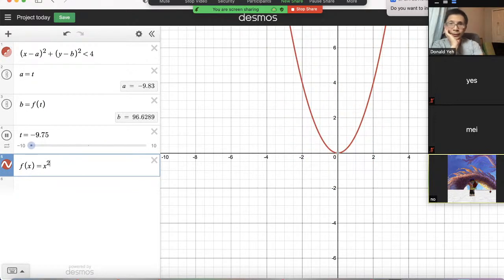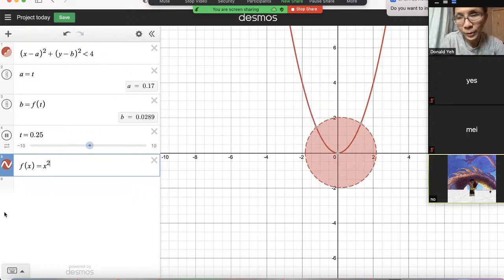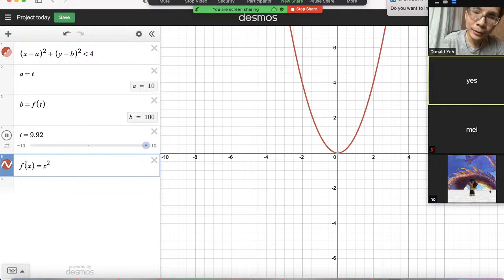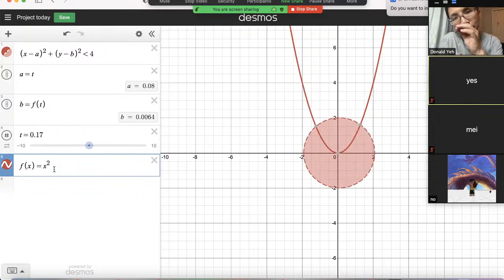Wait, okay. Can we see it? Can I scroll out? Okay, so almost there. So we just have to make a circular motion now. Make it a circle. F of x equals x squared plus y squared.